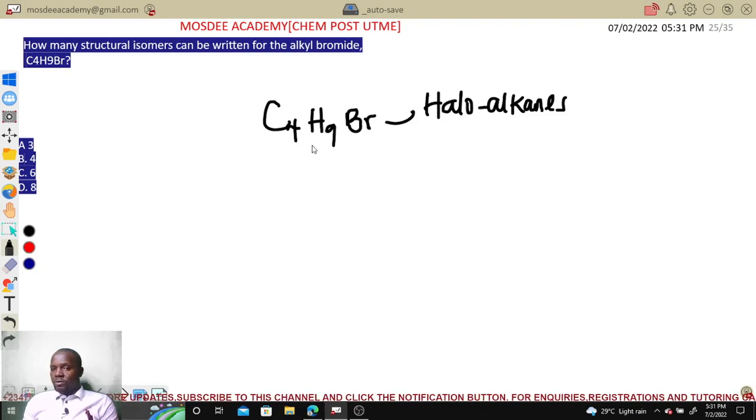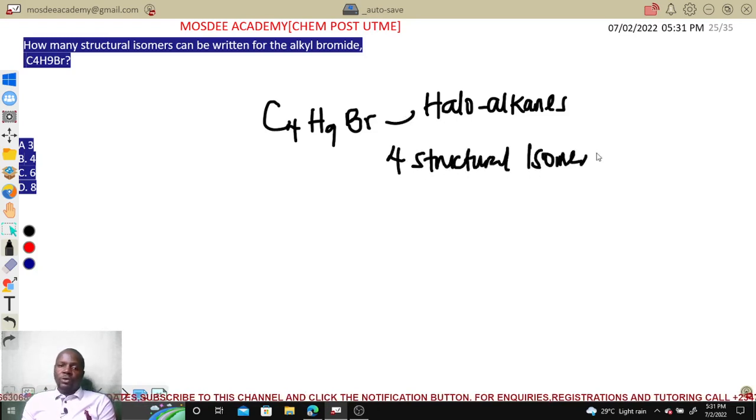Then we have 2-bromo butane. Then we have 1-bromo, then I've shifted one now, 1-bromo propane, then 2-bromo propane. So what I'm trying to say is that there are 4 structural isomers of this. You can draw it.